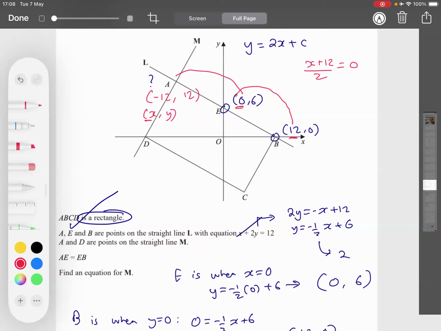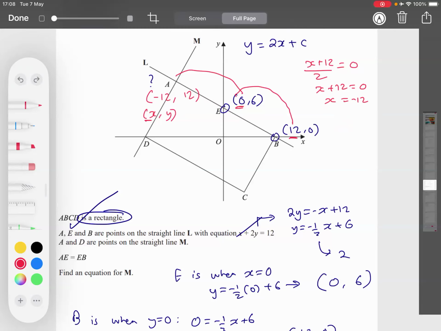The mean of them is 0, and we solve for x. So times by 2, x plus 12 equals 0, so then x equals minus 12. Just for practice, quickly, let's do it for the y coordinate. So it would be y plus 0 divided by 2 equals 6. But you don't need to worry about that for here, because you can just spot the pattern.